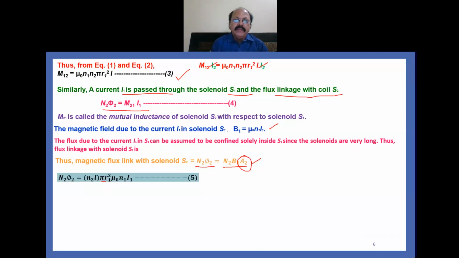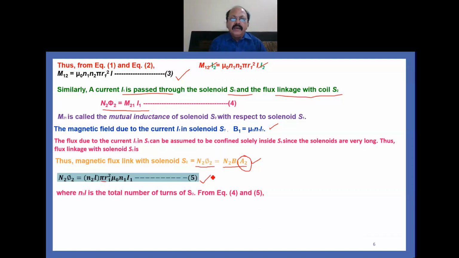So that's why N2 phi 2 equal to, in place of N2 is N2L, and in place of A2 we have to write pi R1 square. In place of B1 we write mu naught N1 I1. Mark this equation number 5, where N2L is the total number of turns of S2.